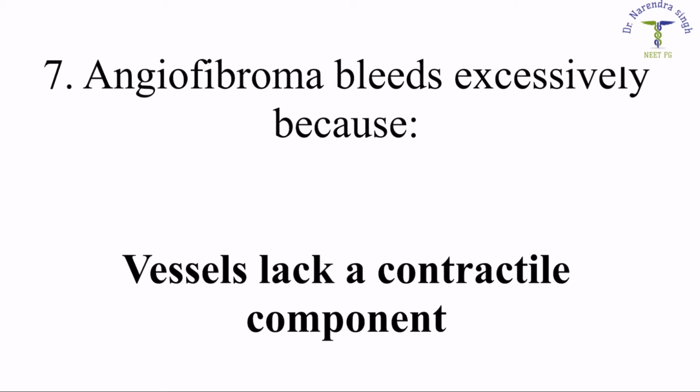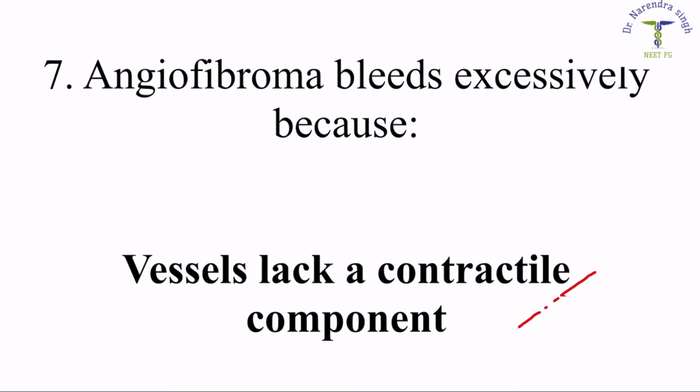We all know that angiofibroma is famous, and its deadly nature is due to its unique feature, that of the torrential nasal bleed. It means if the nasal bleed starts, it becomes very difficult to stop it. So what's the reason behind that?